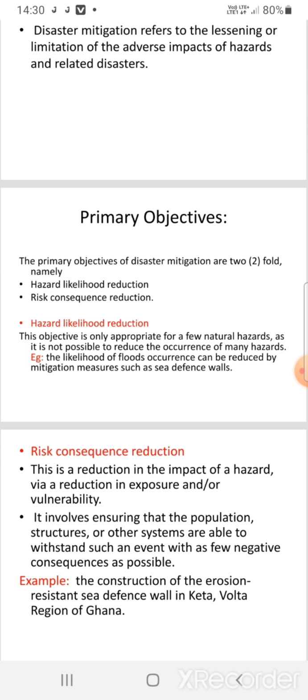Next is risk consequence reduction. Now, this is a kind of reduction in the impact of the hazard. Here, the reduction in the impact is created by reducing the exposure or vulnerability.